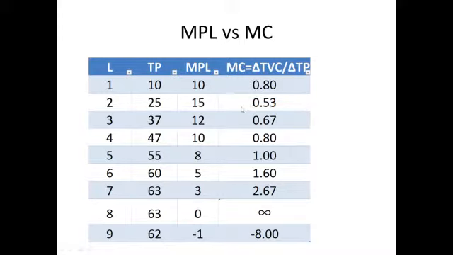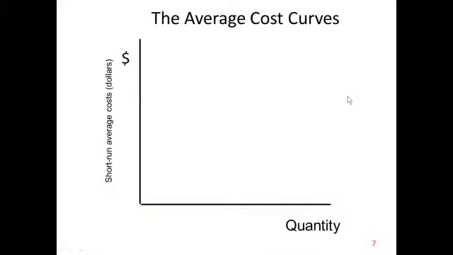We're getting more and more out of each worker initially, but then when diminishing returns have set in, we see that our marginal costs have begun to rise. So marginal costs are rising as marginal product is falling. Now, when we plot this, we'll be able to see more clearly that these two curves are, if you like, a reflection of each other.